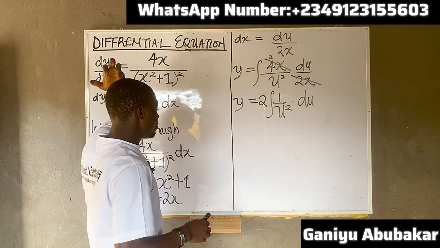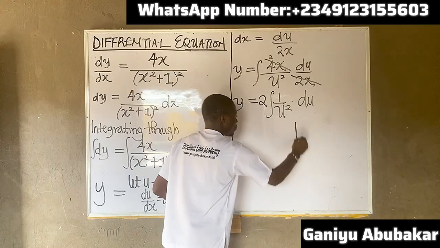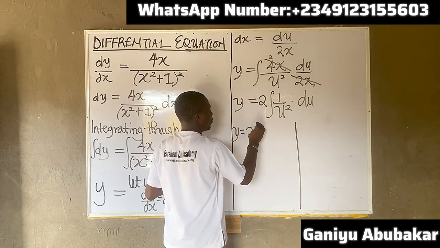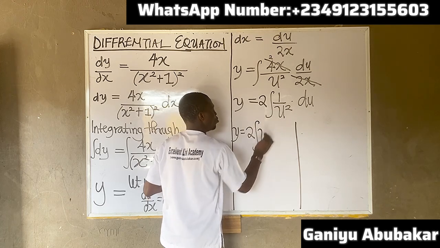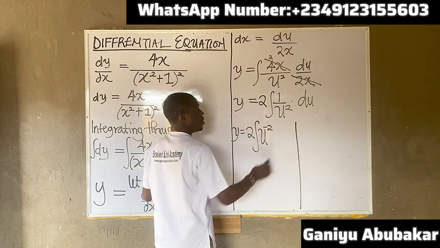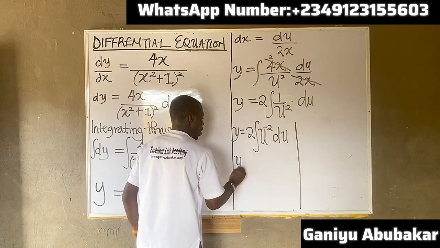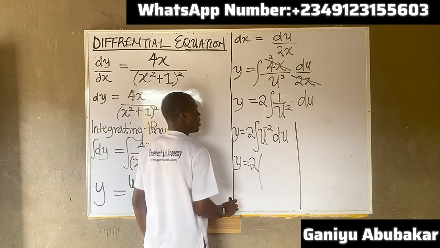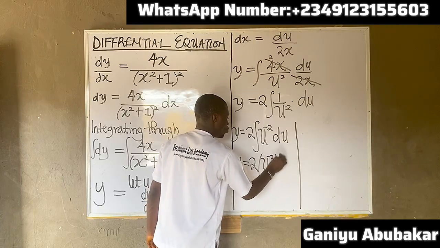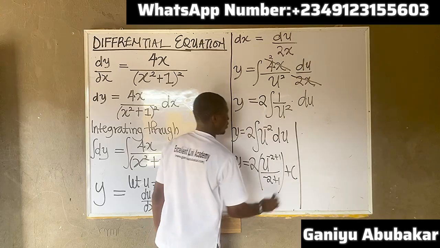Alright, I have this one here. Next task is that, if you observe closely, this gives you y equals 2 integral. Take this one to indices, that gives you u to power minus 2, du. This and this are the same thing. This gives you y is equal to 2 into, if I integrate u to the power minus 2, that gives you u to the power of minus 2 plus 1 all over minus 2 plus 1, of course, plus c.